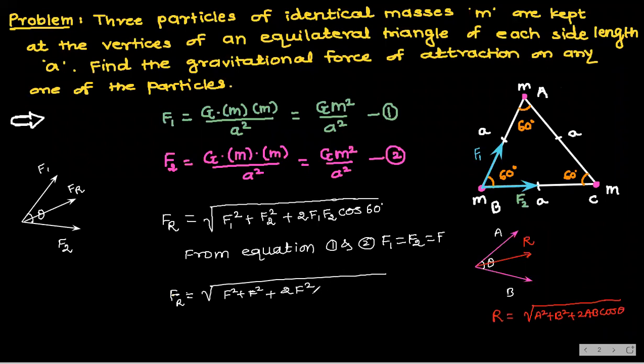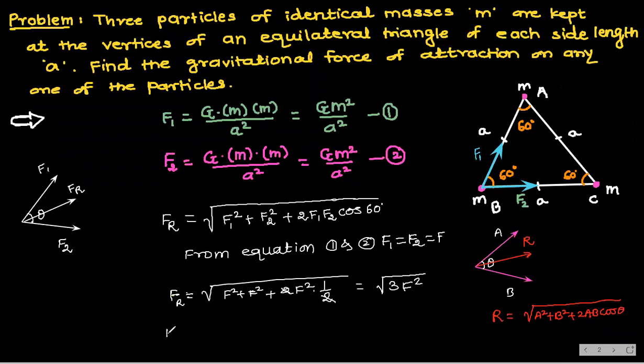Cos 60 how much? 1 by 2, sir. This 2 and 2 will get cancelled. What is left inside the square root? Square 3x square. Very good. So under root of 3f square.